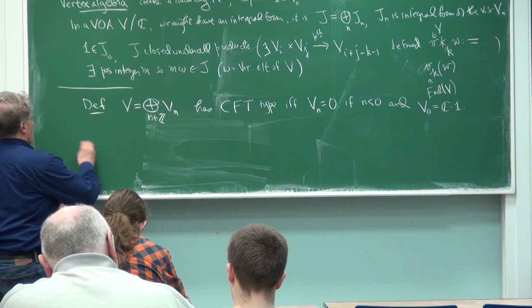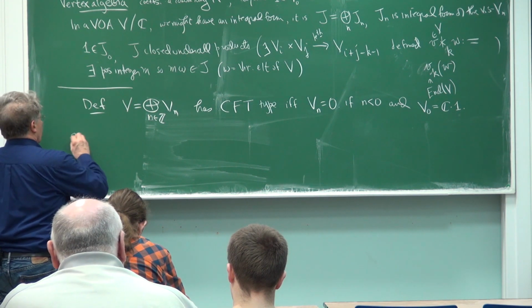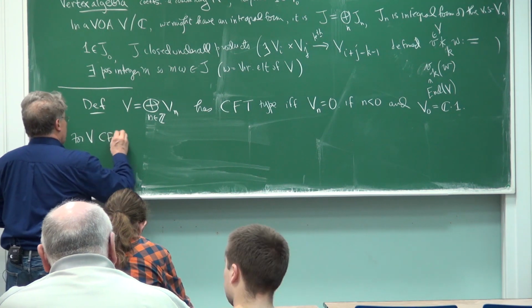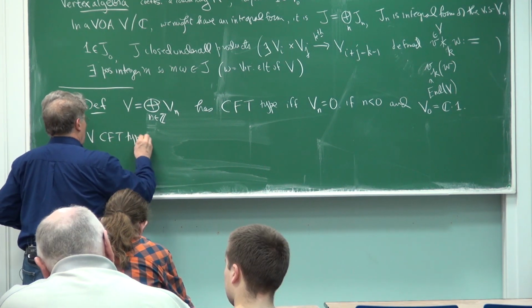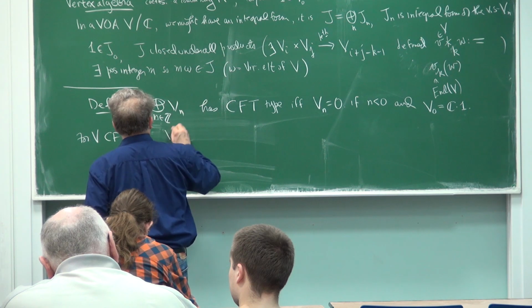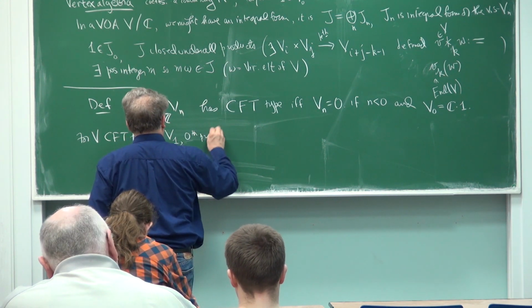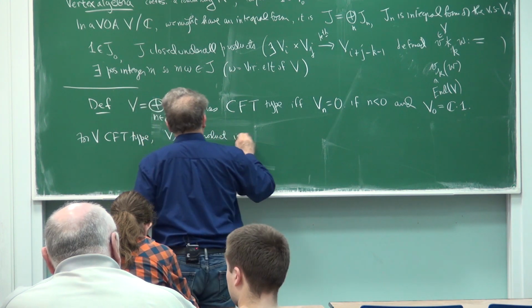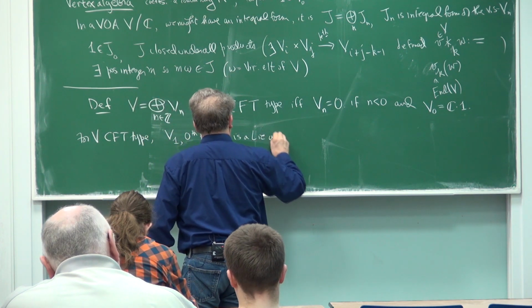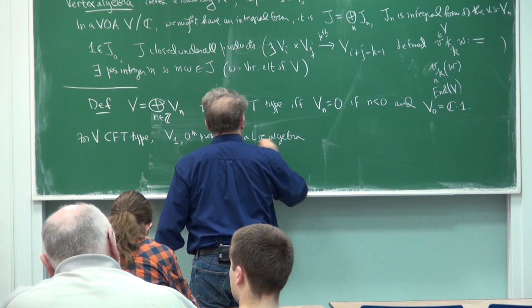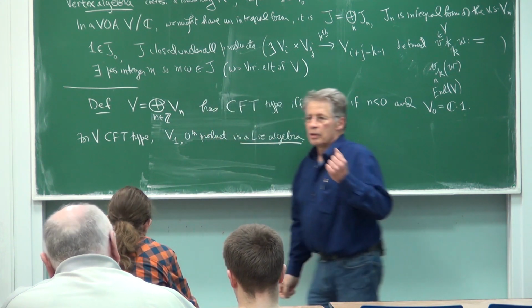Okay, now for V of CFT type, V_1 under the zeroth product is a Lie algebra. Amazing.